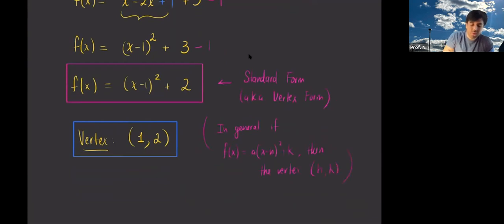So if the h value is a negative, then the x coordinate will be a positive. If the h value is a positive, the x coordinate will be a negative. So make sure you keep that in mind. But the y value is exactly what you see. So if you see a positive, then the y value is also positive. If you see the k value being negative, then the y value will also be negative for the vertex.